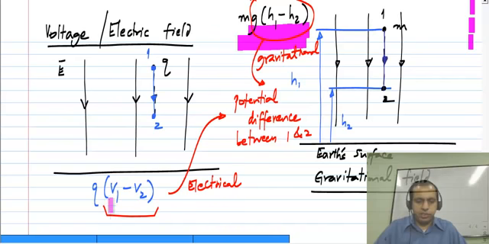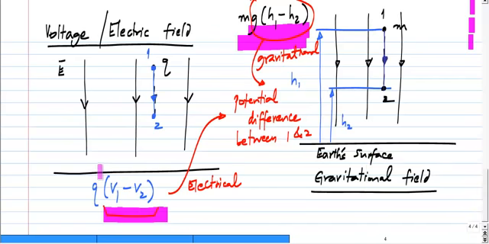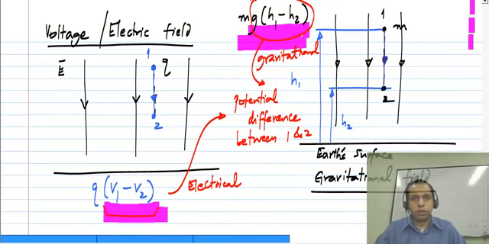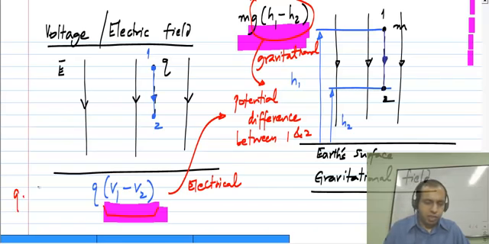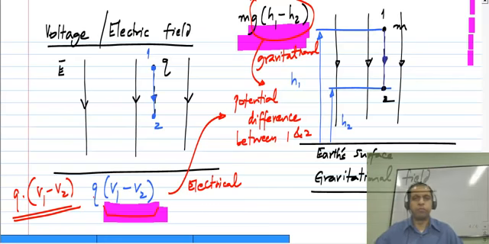But also it's not the energy itself, but we normalize it to a unit charge so that we get rid of the charge itself, which is the property of the object, and keep only the potential difference, which is a property of the field that the charge is in. So the potential energy gained by falling in an electric field is nothing but the charge times the potential difference between the 2 points.